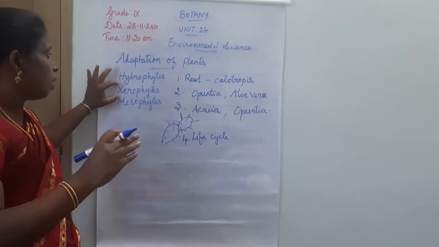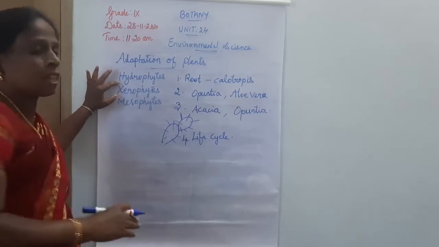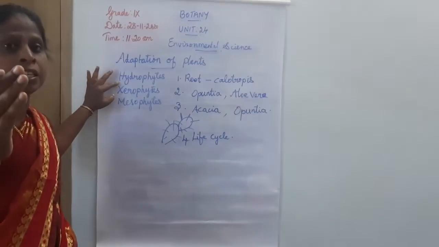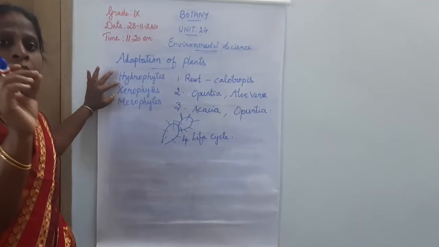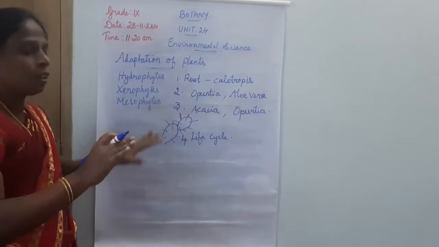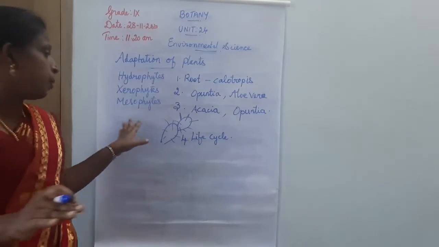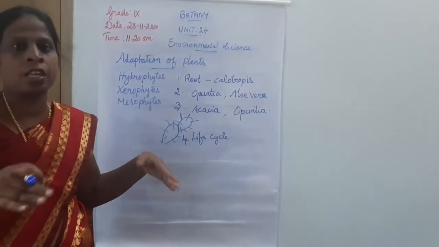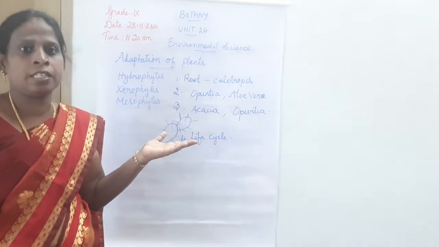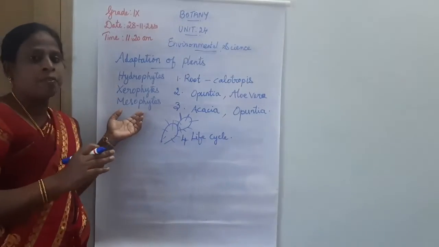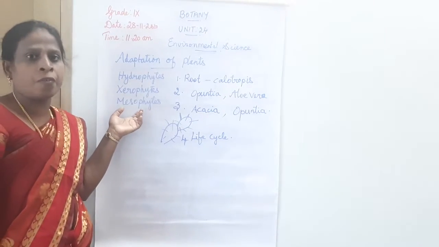Xerophytes are the plants growing in extreme conditions such as very hot or windy. Here mesophytes are the plants which grow in moderate temperature, with no extreme condition such as heat or cold. That type of plants we can call mesophytes.